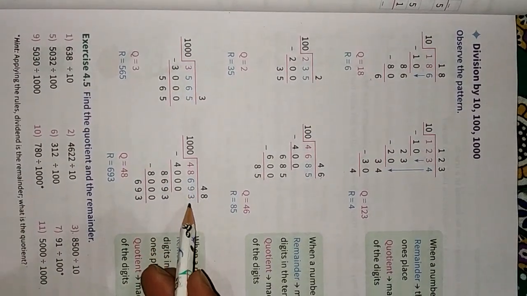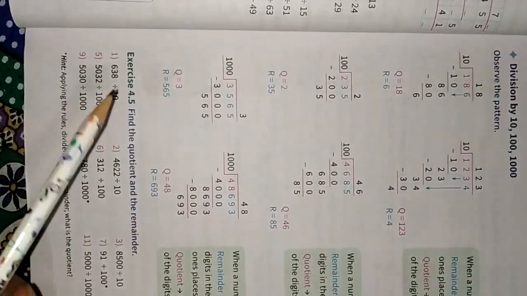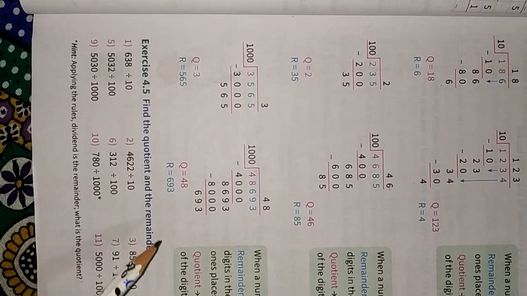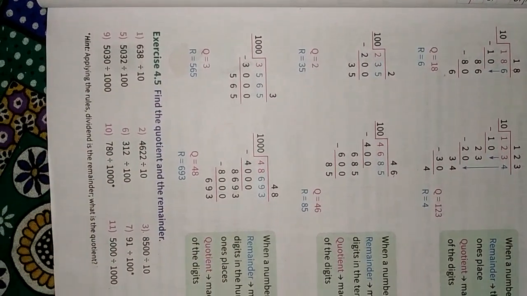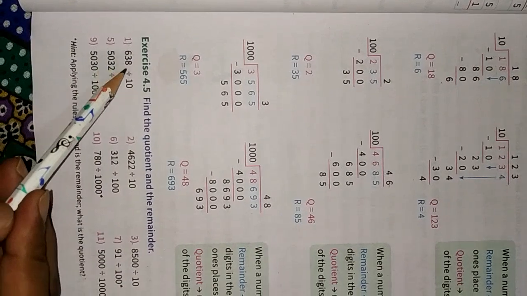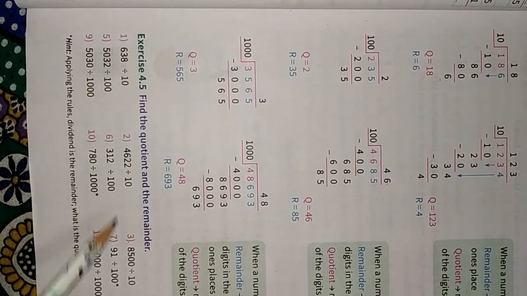Here 693 is the remainder and 48 is the quotient. So what you have to do in exercise 4.5, find the quotient and remainder. Just write the quotient and remainder directly. You don't need to solve these questions.